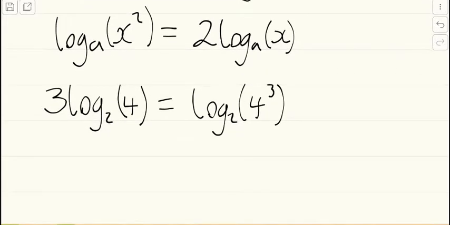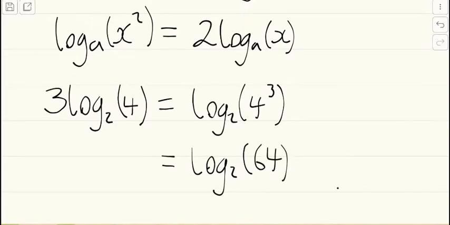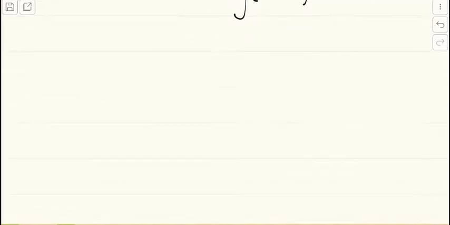And of course that simplifies to log to the base 2 of, well, 4 to the power of 3 is 64, so 64. Okay, that's an example right there. Let's look at a few more examples.